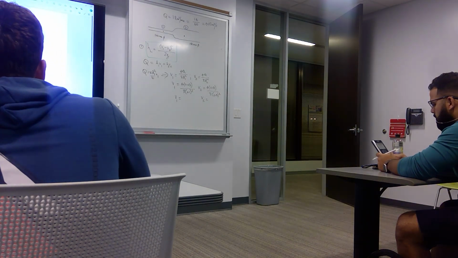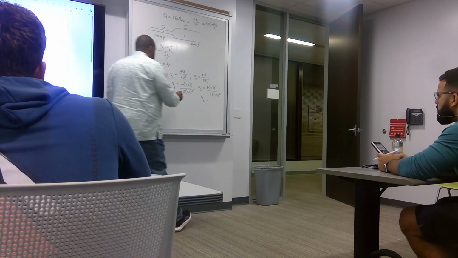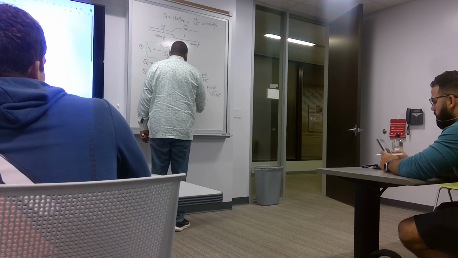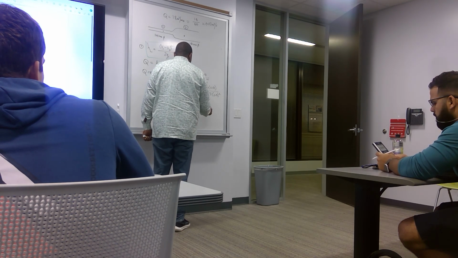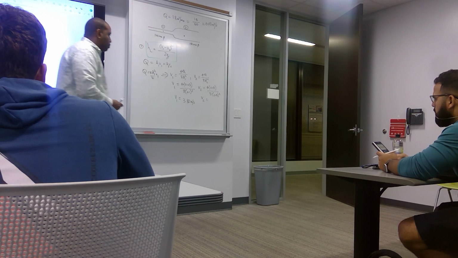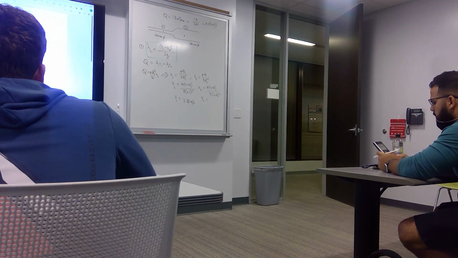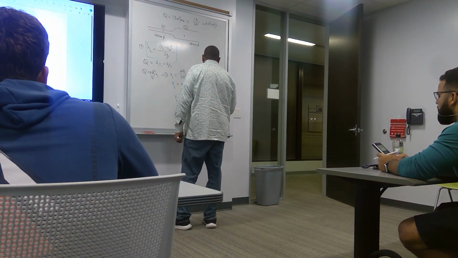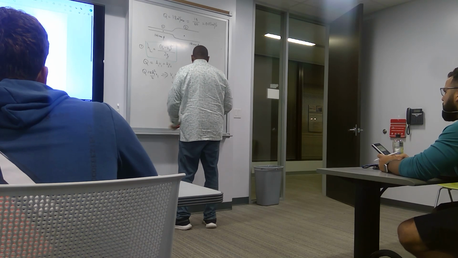V1 is 3.819, and V2 is 1.697, about 1.7.